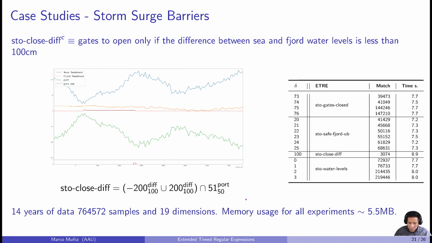Now, encoding these properties in regular expressions, as when working with regular expressions, we need some ingenuity to create the expressions properly. So in this case, for example, to say that the gate, the port, is open, we are saying that the value is 51 plus minus 50, right?